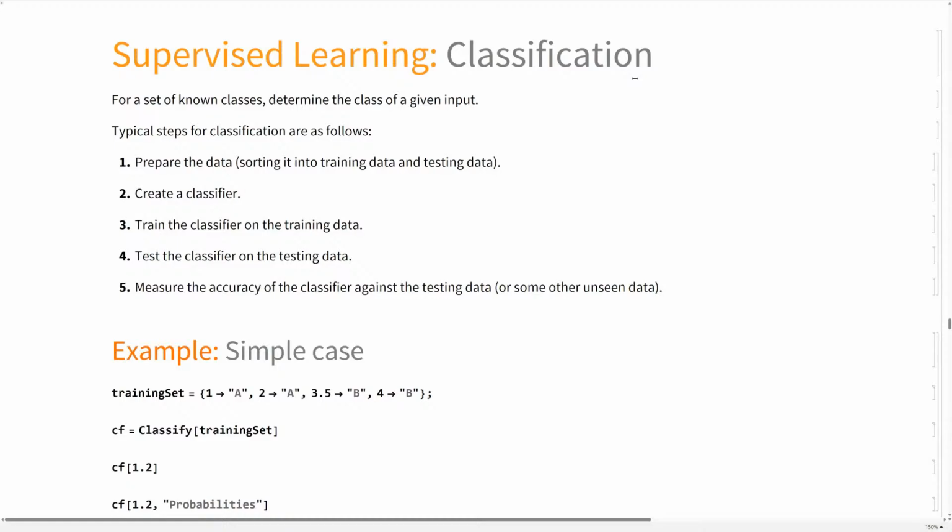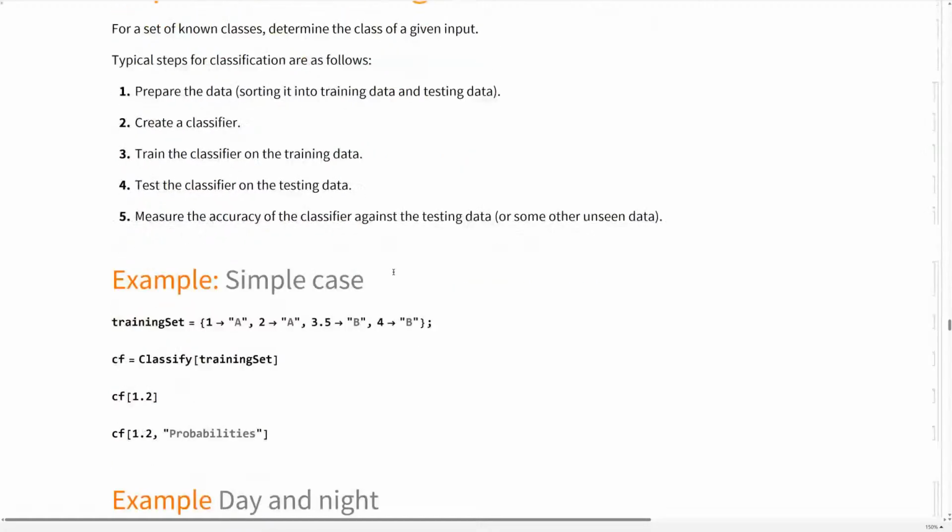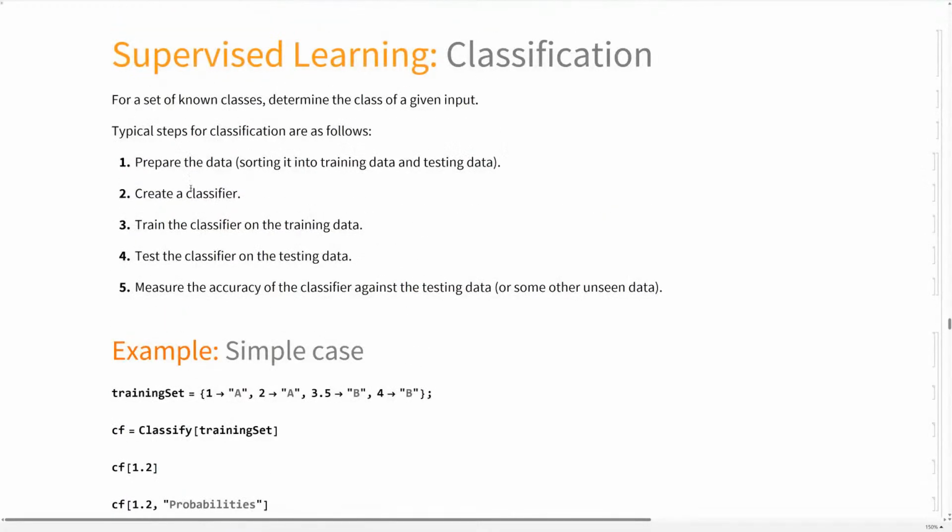Again, it will just be the cat and dog example. We will need to prepare the data and sort it into training data and testing data, and create a classifier, train the classifier on the training data, test the classifier on the testing data, and measure the accuracy of the classifier against the testing data.